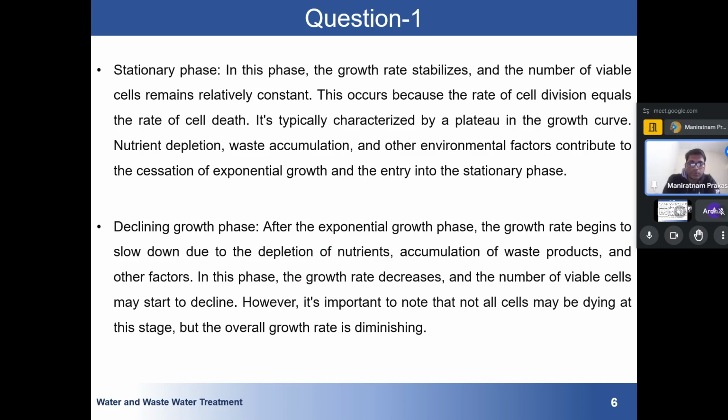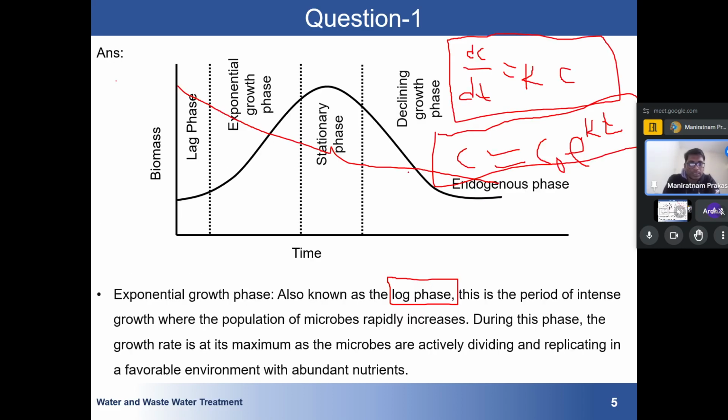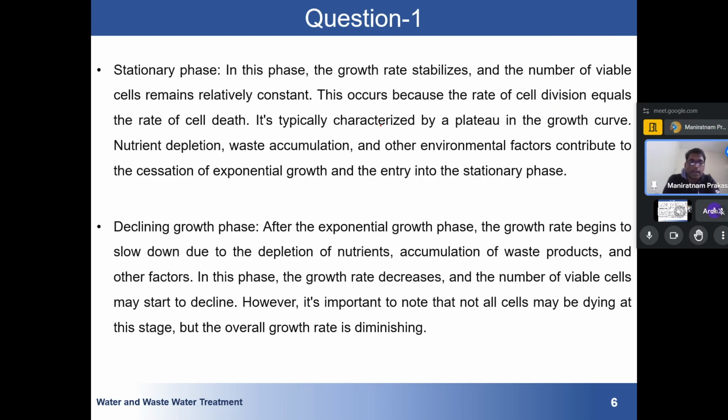In this phase, the growth rate decreases. There is still some food, but the food is not sufficient for the population. At the same time, due to waste and pollution in the wastewater, or in the system, the growth rate is very slow and the decline rate or death rate is very high.